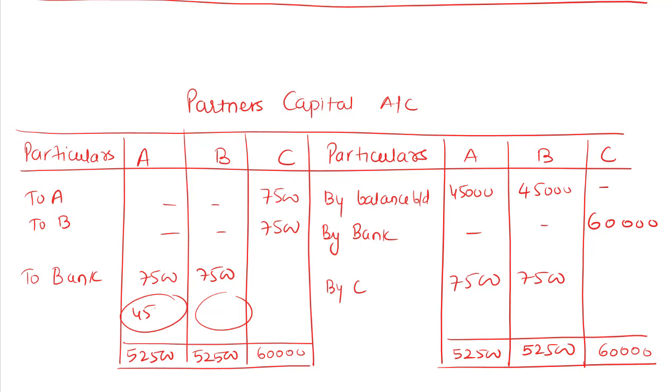Balancing figure 45,000, 45,000, and 45,000, to balance carried down. I believe you understood.